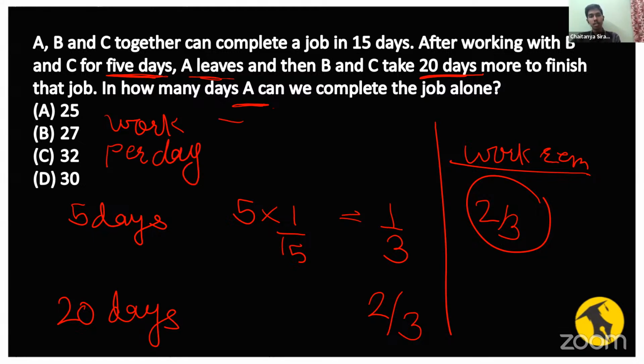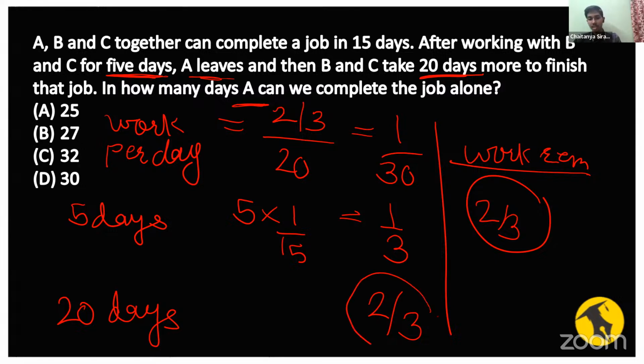So here the work is 2 by 3 and the number of days is 20. So if I solve this, I'll get how much? 1 by 30. That means the logic here is if they did two-third of the job in 20 days, had it been the whole job, they would have taken 30 days.